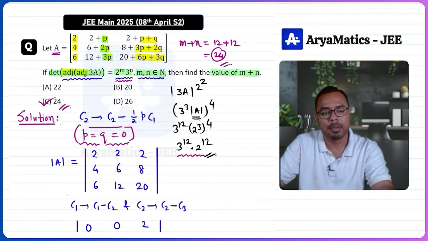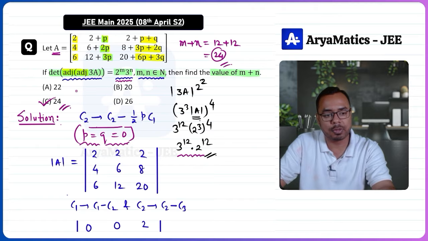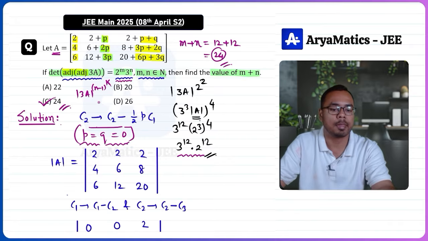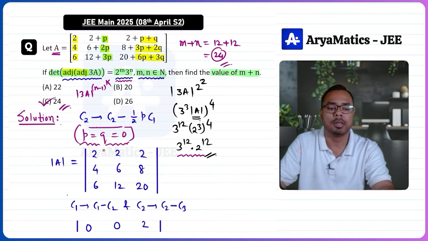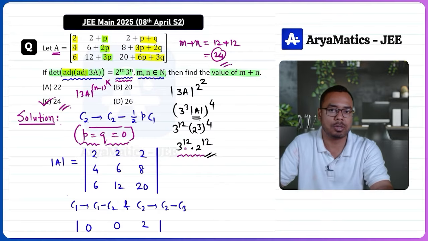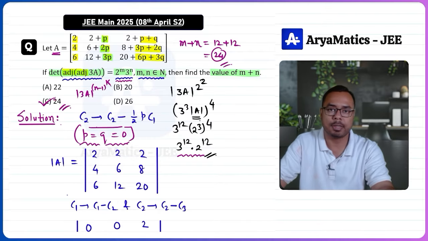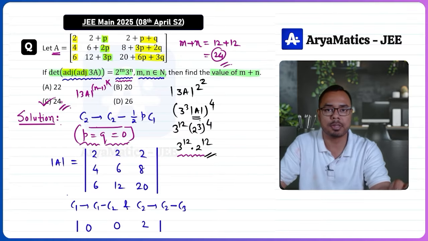The determinant of adjoint of 3A will be the determinant of 3A raised to n minus 1, and this raised to k. n is the order of the matrix and k is the number of times we have adjoint. So from there finally we got 3 raised to 12, 2 raised to 12, m plus n will be 24, and therefore the correct answer for this problem is option C.